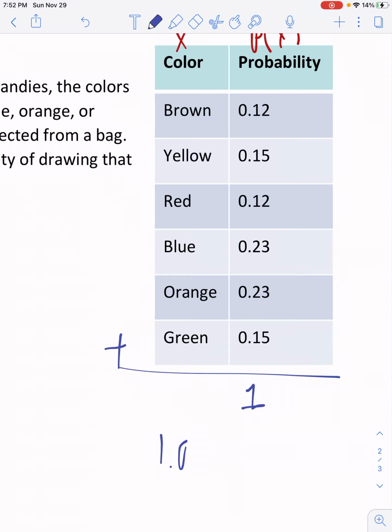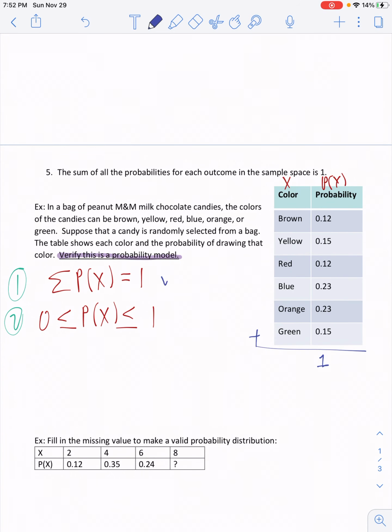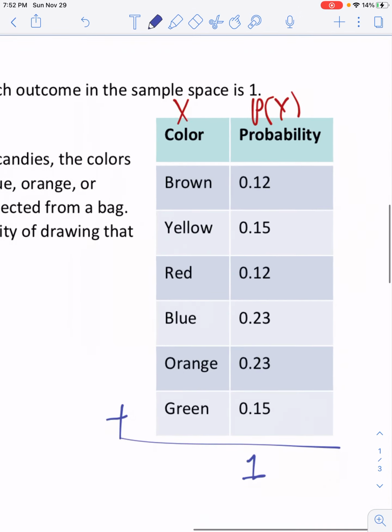If it adds up to 1.01 or 0.94, even though it's close, it doesn't add up to 1. It needs to add up to 1 exactly. So first step is check. And then the second step is all the probabilities need to be between 0 and 1, aka no negatives and nothing bigger than 1, which is all the case.